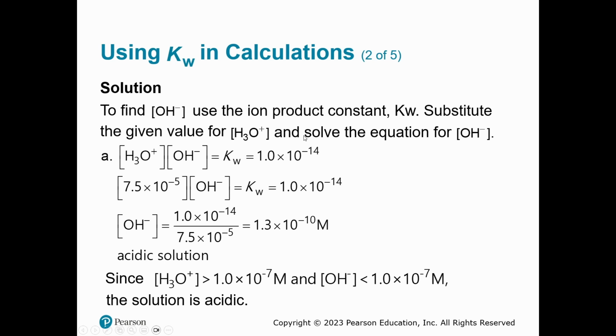But if I have more hydroxide than 10 to the minus 7, there's more proton acceptors than there are proton donors. I'm going to have a basic solution. So that's how we use these equations, the Kw, the autoprotonization of water.